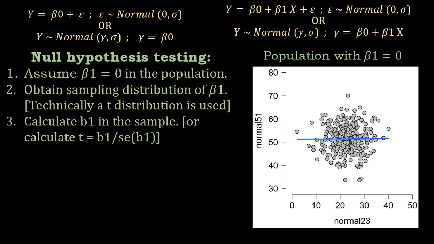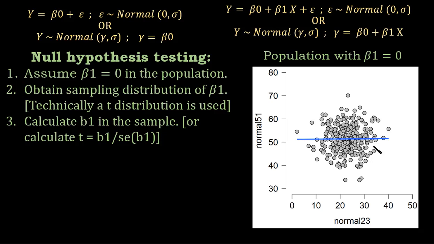In order to illustrate that, I generated this graph by randomly generating numbers from a normal distribution with a mean around 51. So I call it normal 51, and this is to mimic the academic achievement variable that we use in the study, which had a mean of 51.